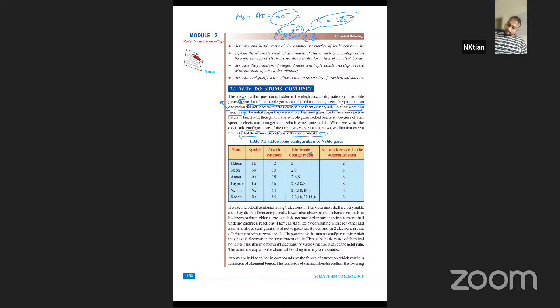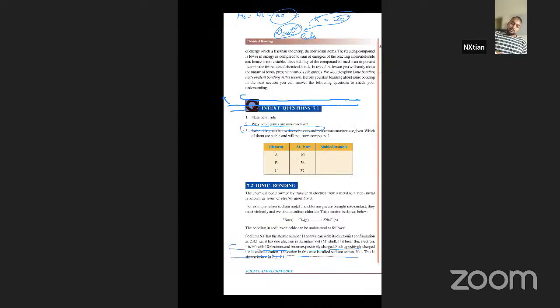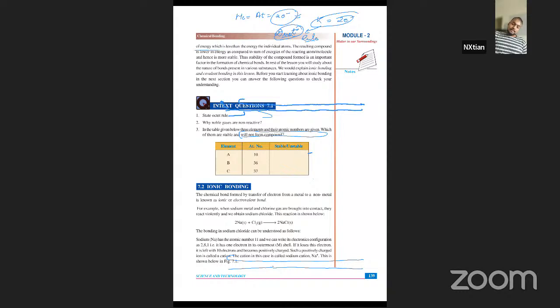Yes. Now, atoms are held together by the force of attraction, which results in a chemical bond. The formation of chemical bonds results in lowering of energy to less than the energy of the individual atoms.